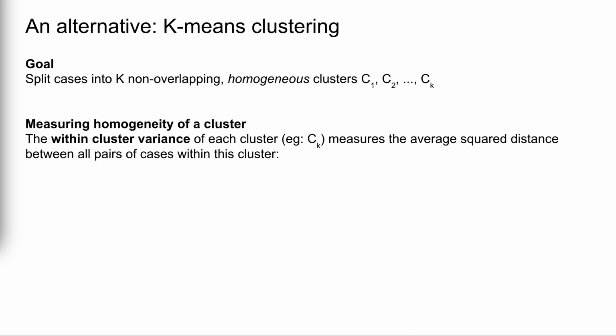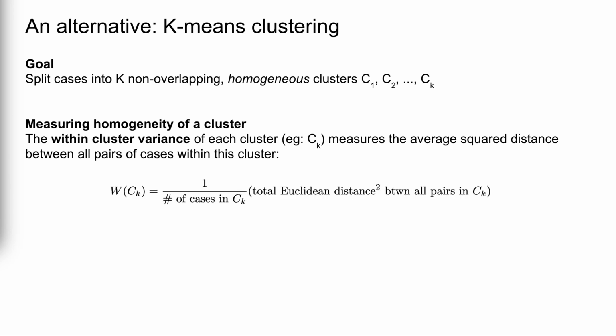To this end, the within-cluster variance of each cluster, for example Ck, measures the average squared distance between all pairs of cases within the cluster. For those that like formulas, a formula is provided here. The main idea, though, is that the smaller a cluster's within-cluster variance, the more homogeneous it is.